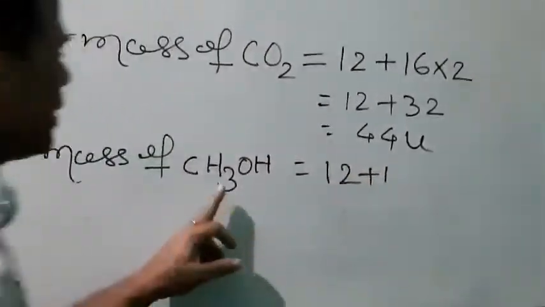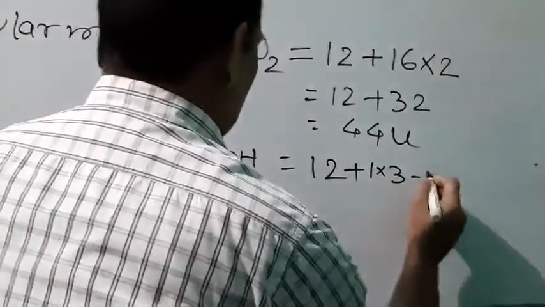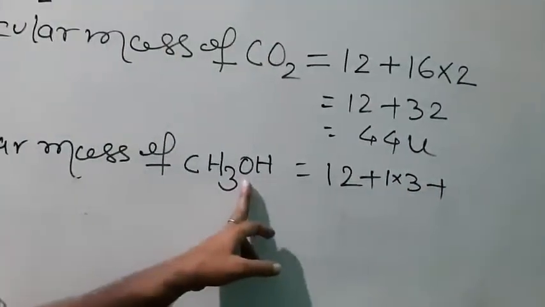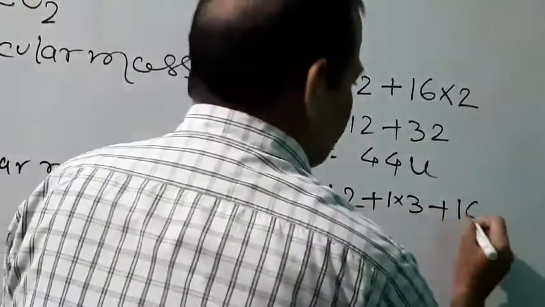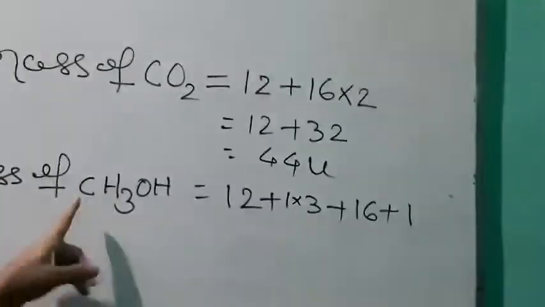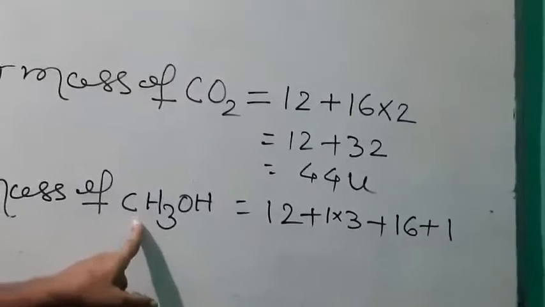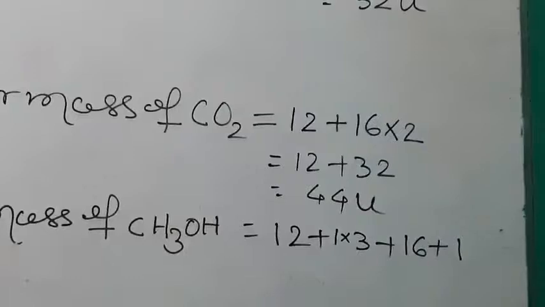How many hydrogen atoms are present here? 3. Plus the next atom, oxygen, atomic mass of oxygen 16. Plus again hydrogen, 1.